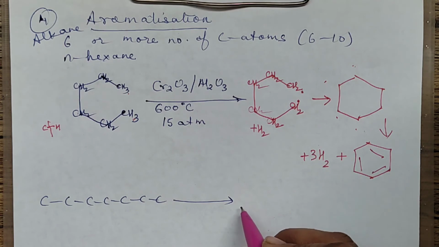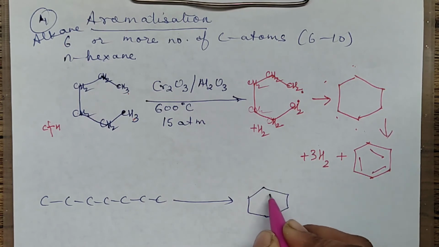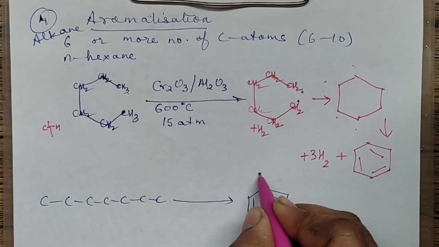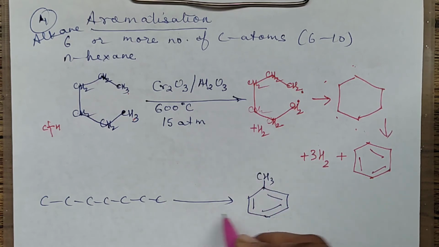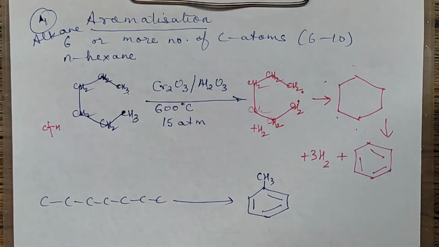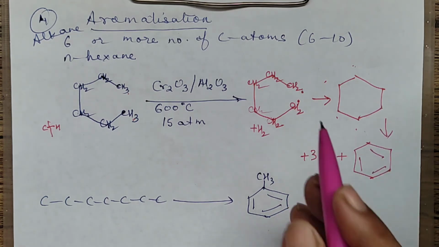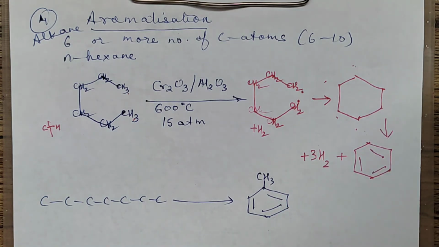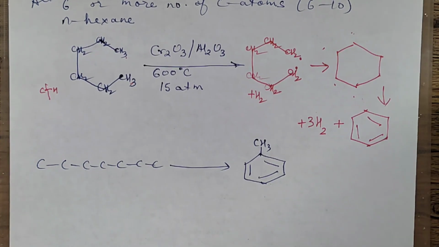Then it will undergo aromatization and will result in the formation of toluene. One extra carbon here will be in the form of the methyl. The same thing is happening even here. First that bond will break, it will form a ring, and that extra carbon will go as an alkyl radical.